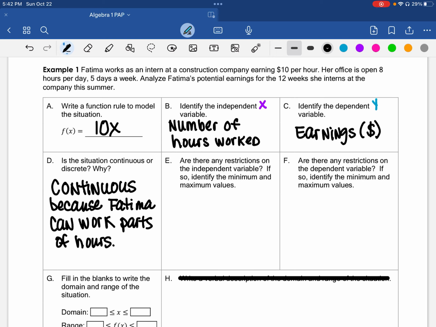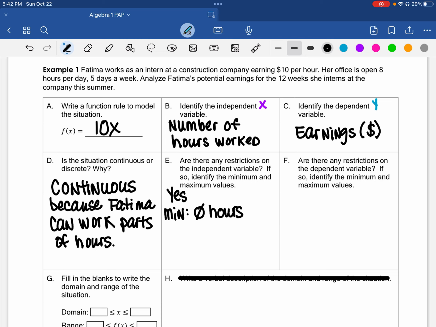Are there any restrictions on the independent variable? Yes, there are. She can't just earn whatever she wants. The minimum that she can work is going to be 0 hours, because it has to be positive.